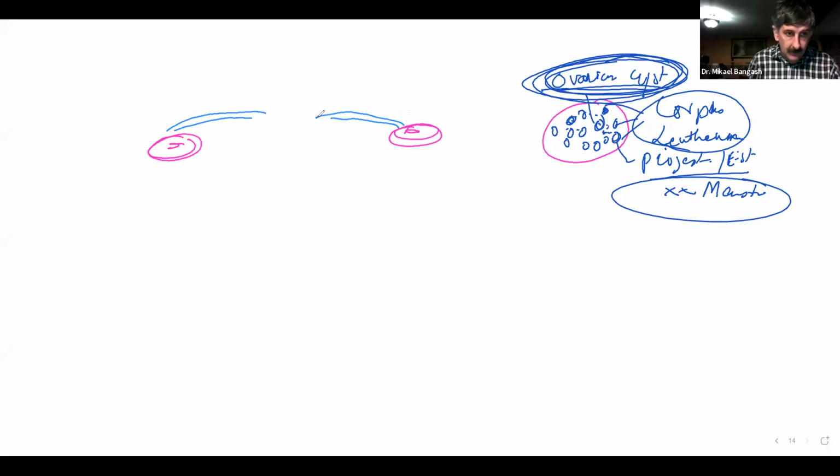And at the end of the fallopian tubules we have the fimbriae, which ideally should catch the ova and just transport it.